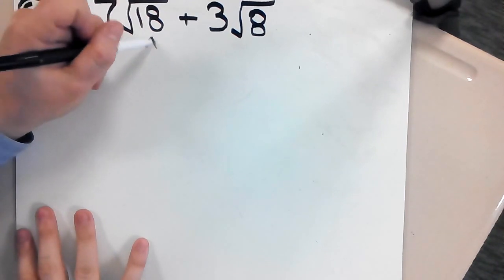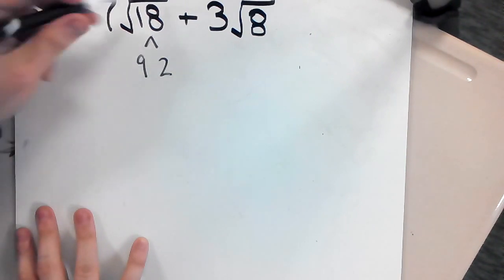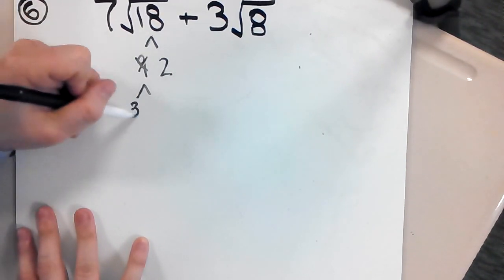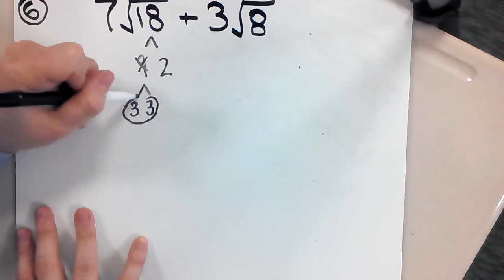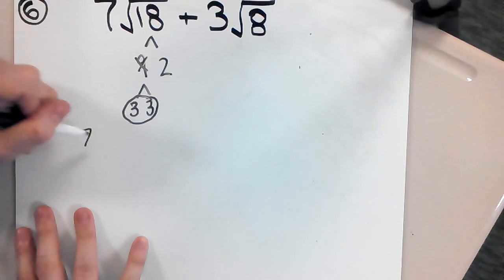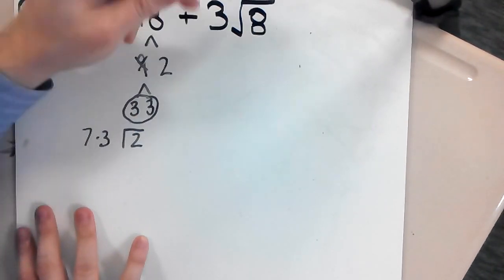I'm going to break down the 9 to 9 and 2. 18 to 9 and 2, excuse me. I break that down to 3 and 3. They get out. So I have 7 times 3, then I have square root 21.